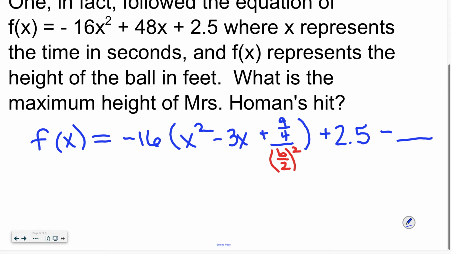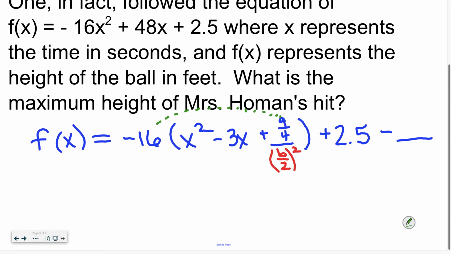Now, am I adding 9/4 to the right side of my equation? I heard a no. I heard a yes. But this 9/4, do you see how it's inside of our parentheses? What's on the outside of our parentheses? The negative 16.